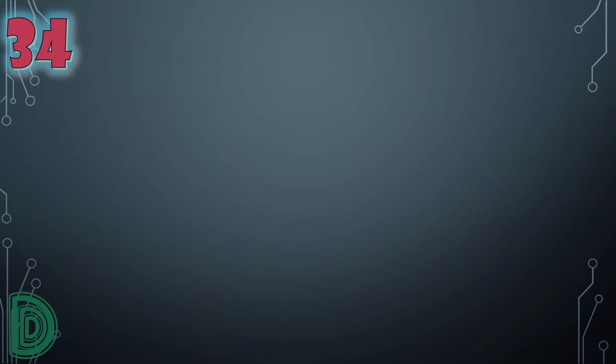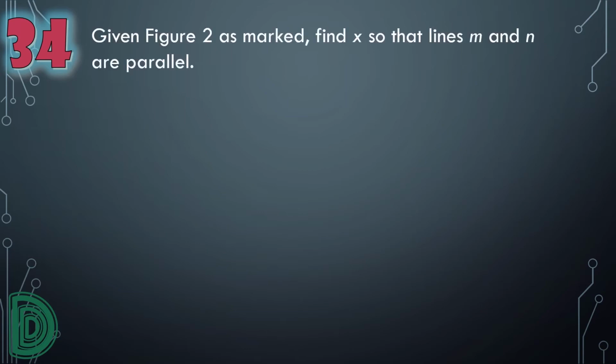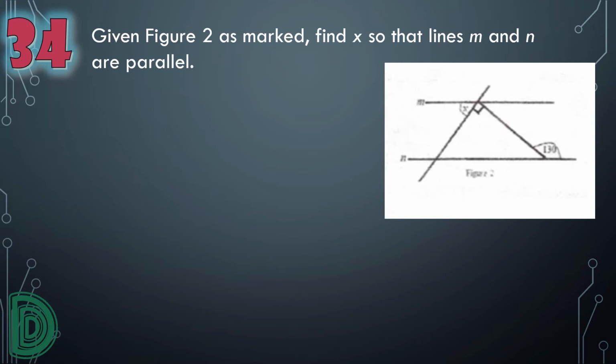Number 34. Given figure 2 as marked, find x so that lines M and N are parallel. Let us approach the problem by naming an angle in the figure. So let us name the angle formed by line M and the transversal as angle A. So that for lines M and N to be parallel, angle X and angle A must be supplementary.